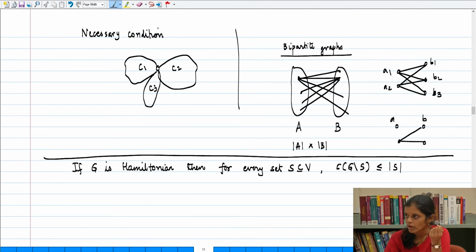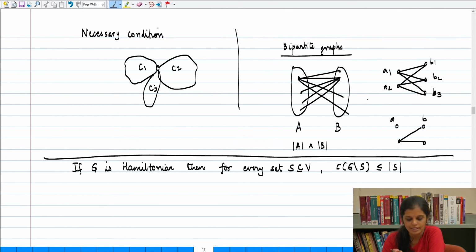If you remove the smaller side, because the smaller set is also a candidate for the set of vertices S here, it should have left you with a number of components less than or equal to the number of vertices on the side that you removed. But that will not happen because of the asymmetry, and you are removing the smaller side. You cannot hinge the argument on the larger side, because if you remove the larger side, the condition holds, right? But the condition should hold for all sets S, and in particular the set of vertices on the smaller side is also a candidate set, right?